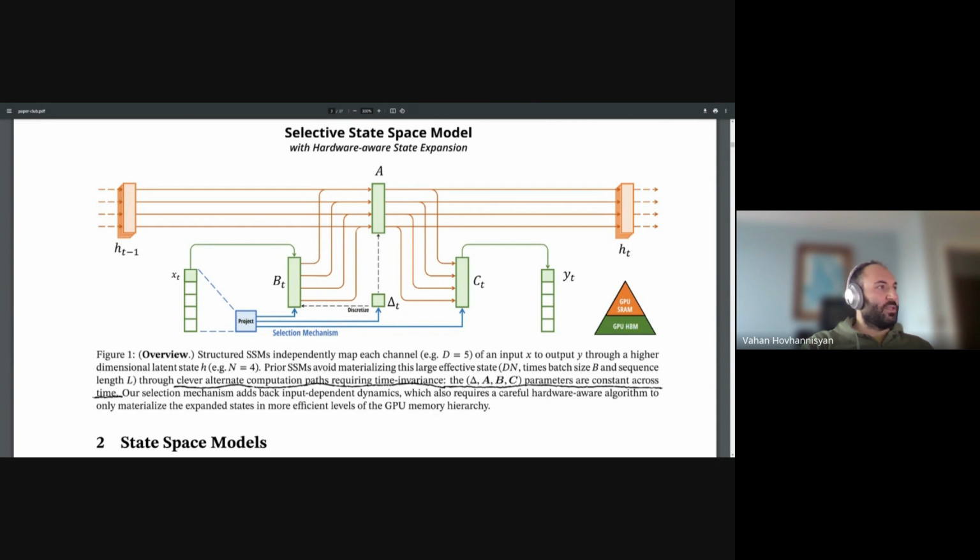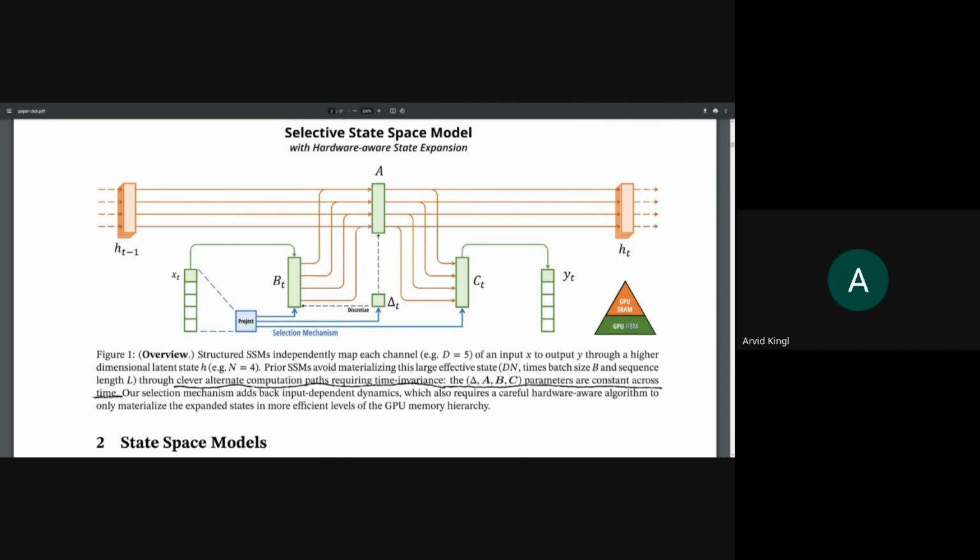So you have the hidden state here from the previous time step. A is the training matrix, right? And then the green parts are done in HBM. The oranges are done in the SRAM. So you basically do all these discretization and matrix multiplications. All of them are done in HBM. But it's still sequential, right? Because you need HT in the next iteration.